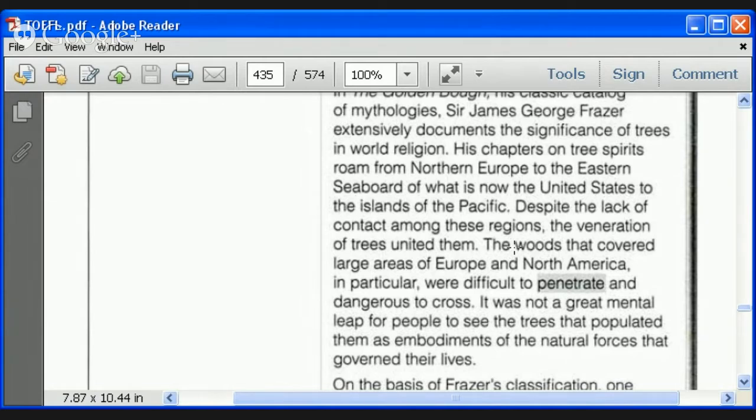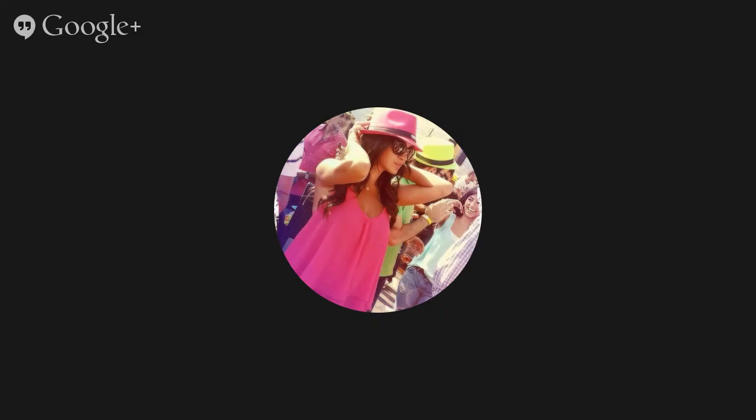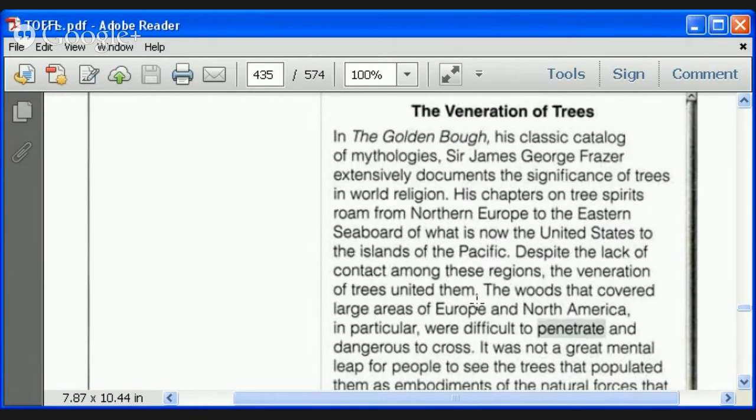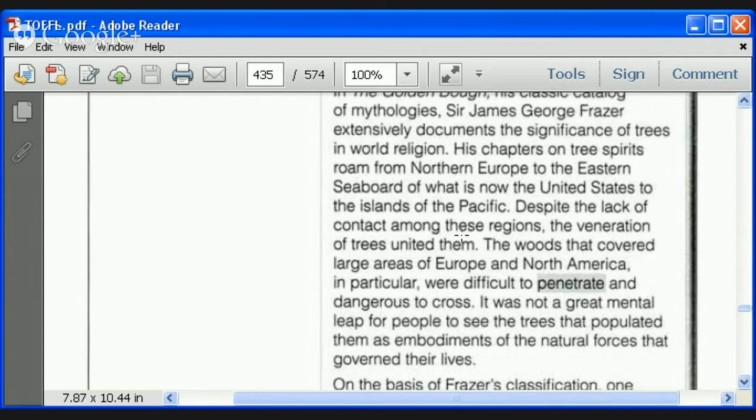This is a strategy we use over and over again in TOEFL: summarizing information to its most basic elements, subject, verb, object. So what can we say about this paragraph? How would you summarize it?